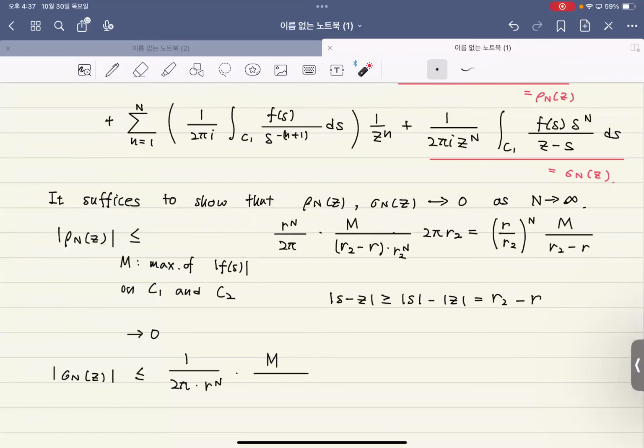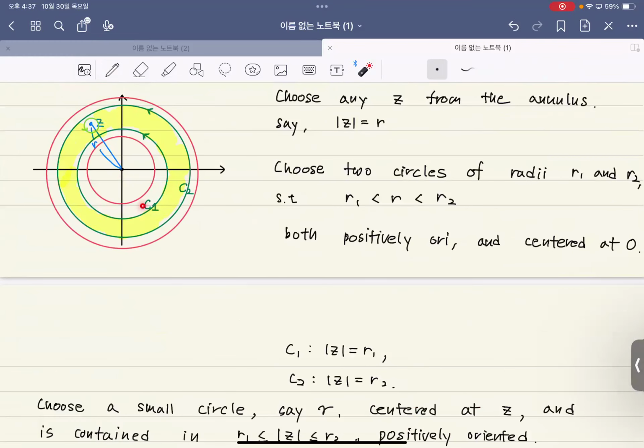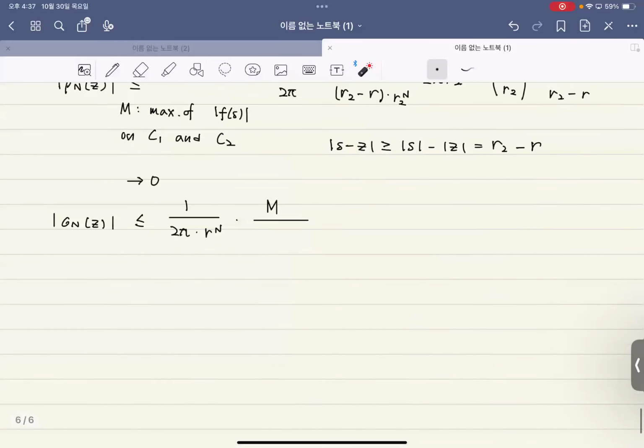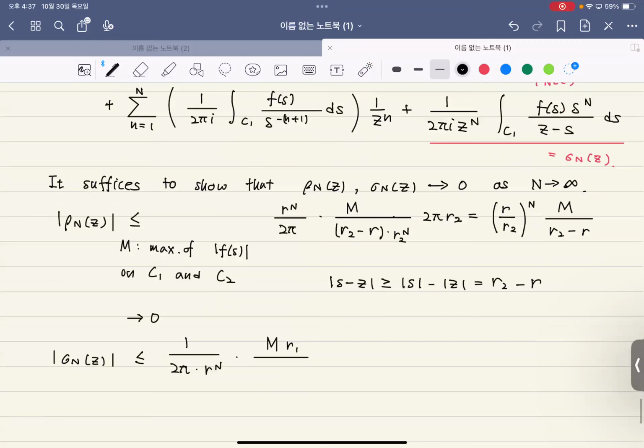This time around, since this integration is happening on the circle C1, and this circle C1 has the radius R1, this is R1^n. By the same reasoning, this denominator is bounded by this guy, times the length of the curve, which is 2 pi times R1.